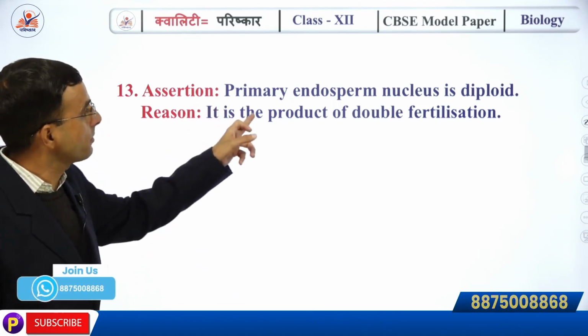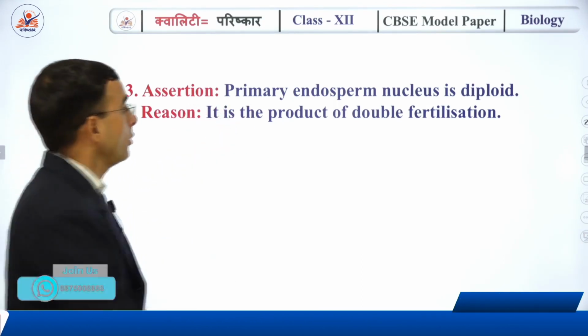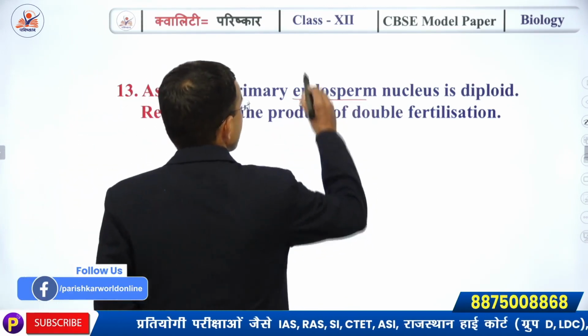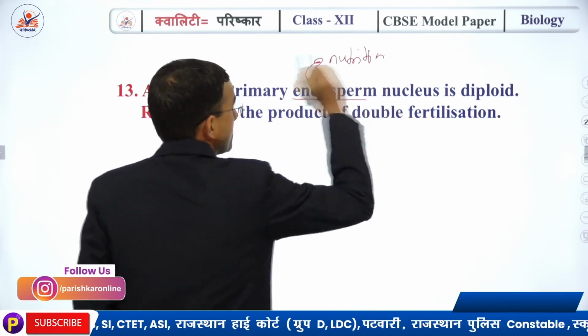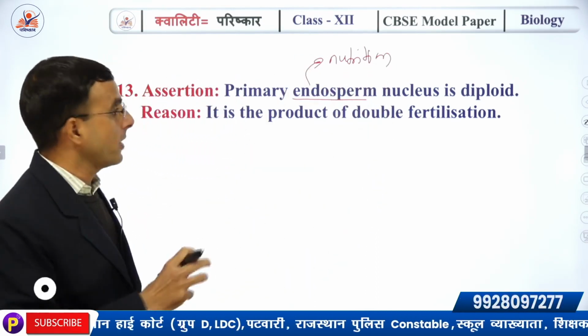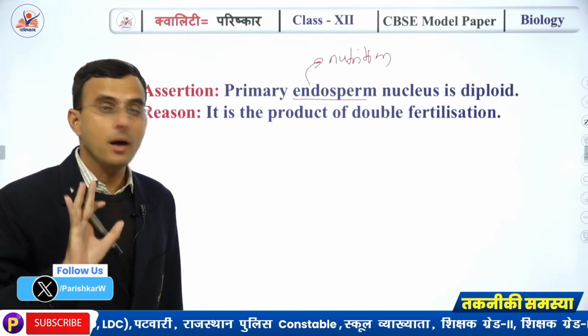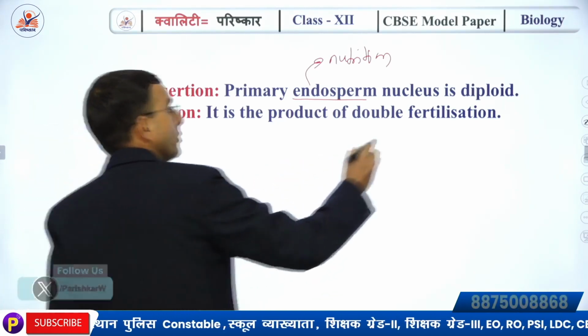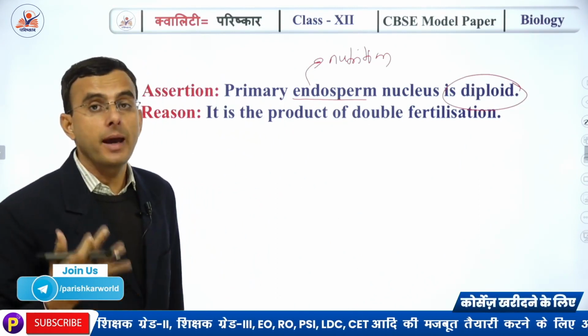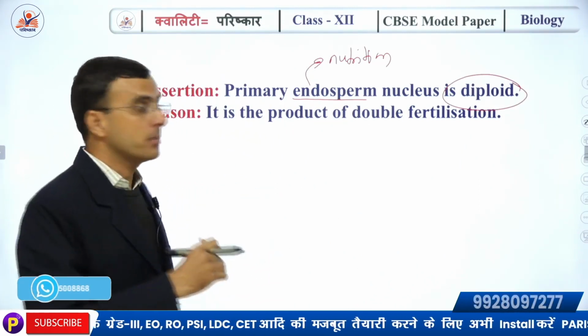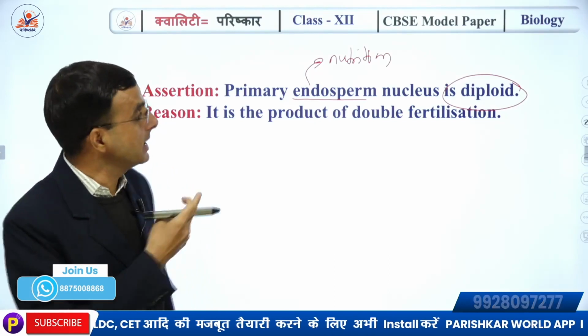First one, assertion: primary endosperm. Endosperm is a nutritious tissue, and it provides nutrition to the developing embryo. Second one, endosperm is diploid. How is it possible? Because in angiosperms, endosperm develops after double fertilization. That reason is correct.